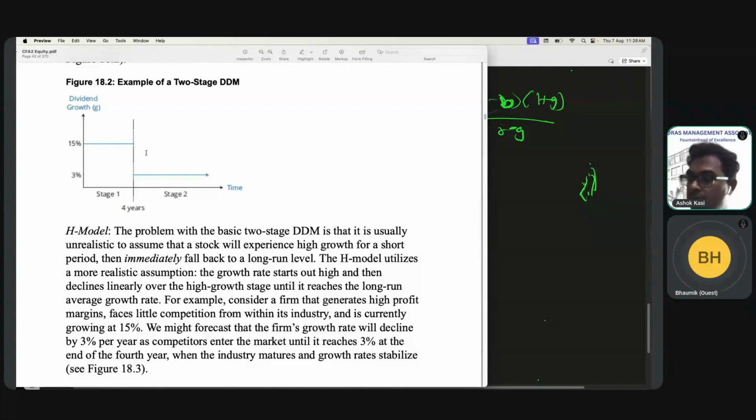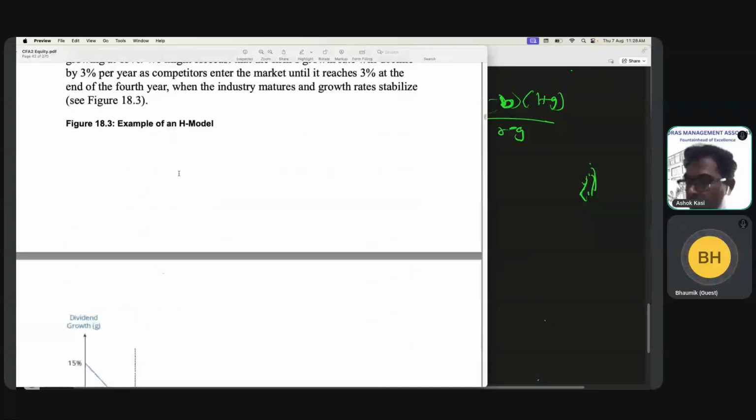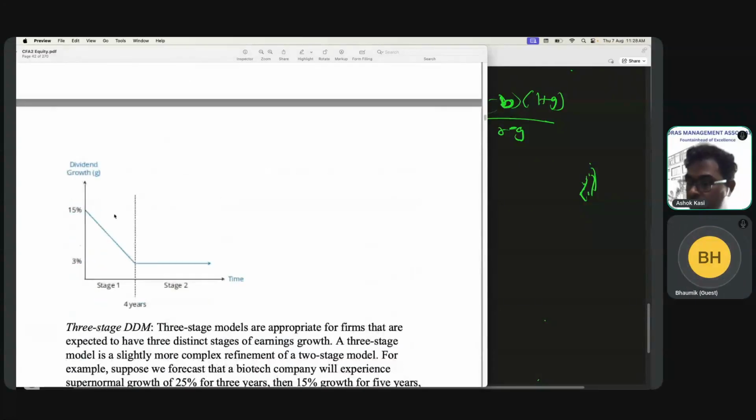Now, is it practical that growth suddenly goes from 15% to 3%? No, practically it is not going to happen like this. It will slowly and steadily come down. That's why we have the H model, which says that from 15% initially, it will slowly come down to 3%. Then from there, it becomes stable. That is the concept, and there is a formula for the H model that we will see.